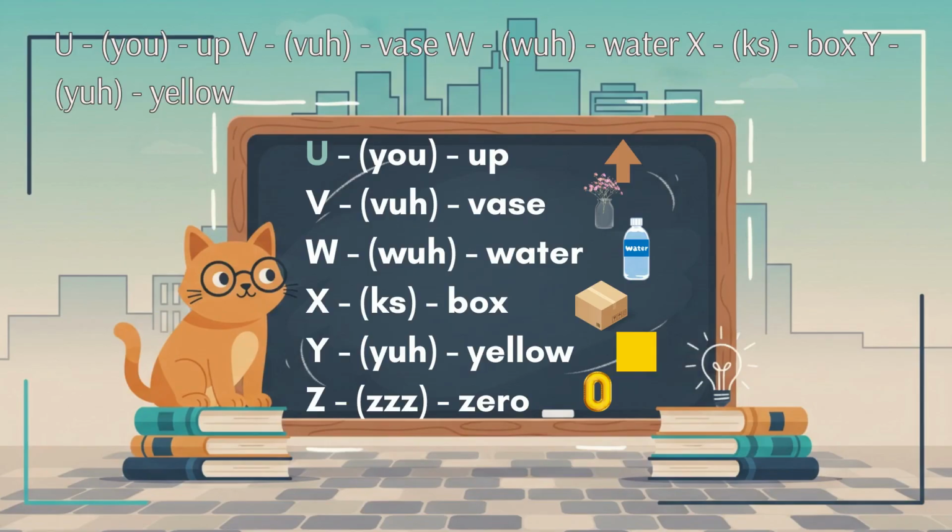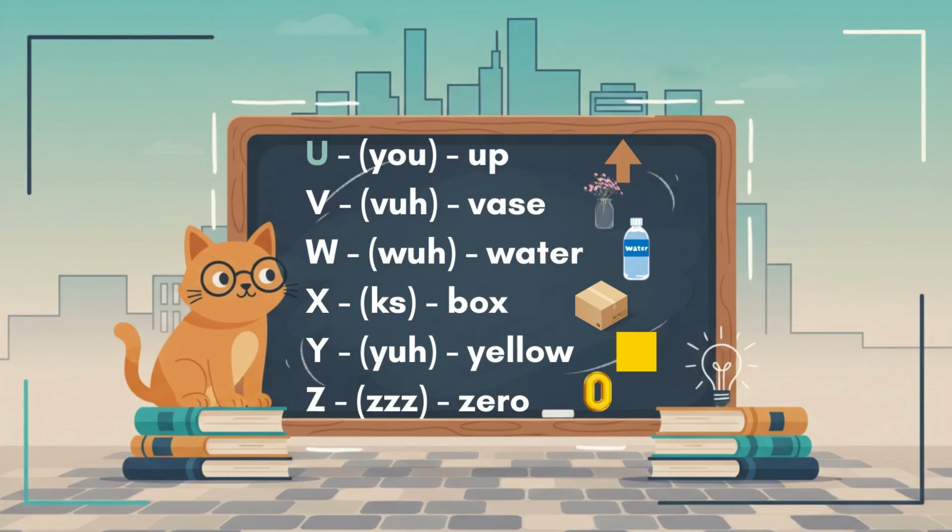V, vase. W, water. X, ks, box. Y, yo, yellow. Z, zero.